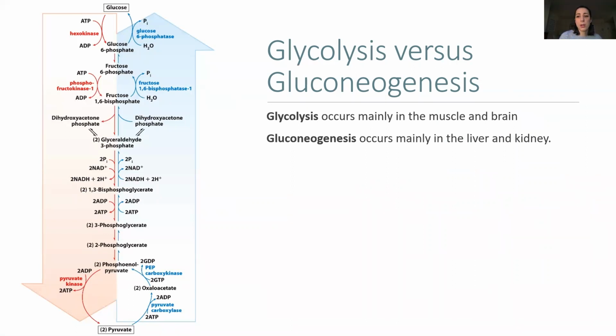Gluconeogenesis is going to occur mainly instead in the liver and the kidney. These are areas in which you potentially are taking other biomolecules, for example, in the kidney, amino acids, to build back up sugars, or in the liver, where we are recycling molecules and building up stores of sugar.